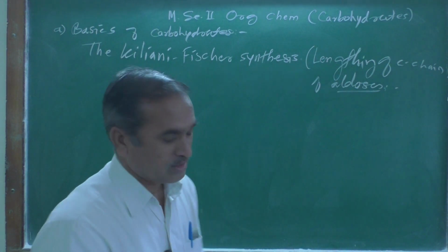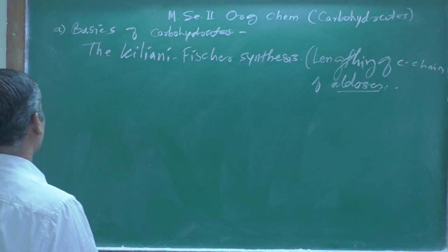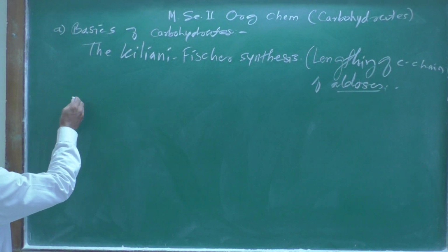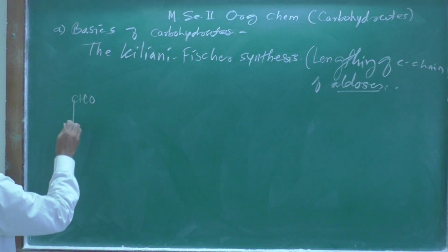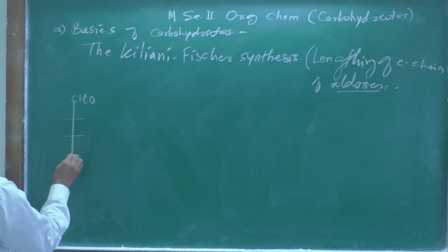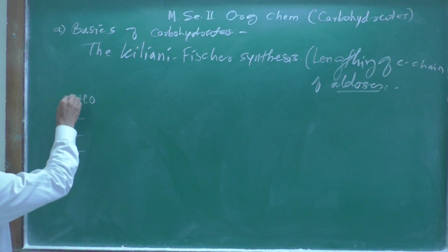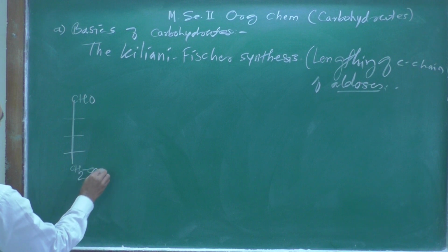Let us see how they actually did it. The first compound is a pentose, CHO, with carbons 1, 2, 3, 4, and this one is 5, CH2OH.